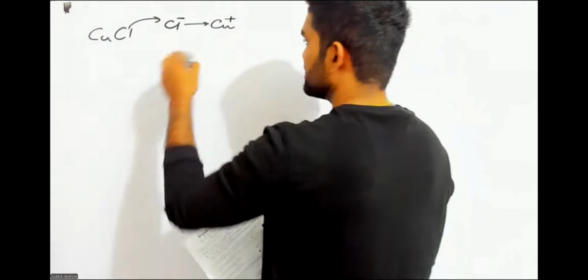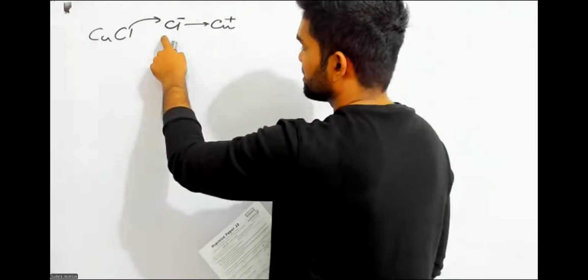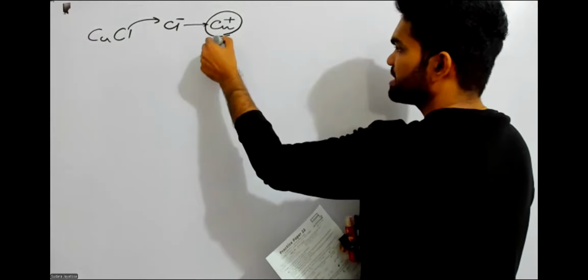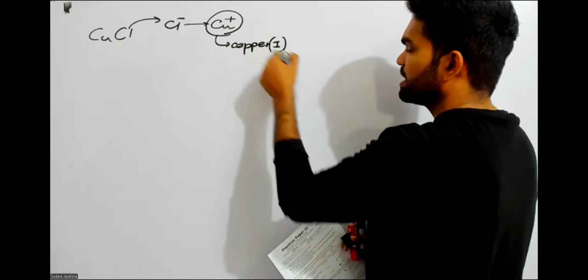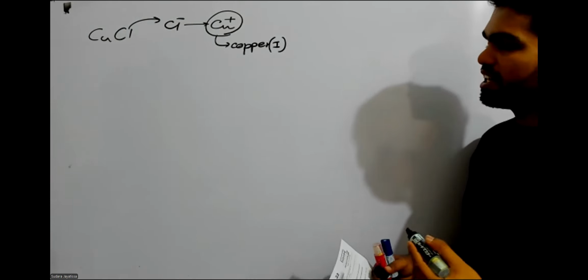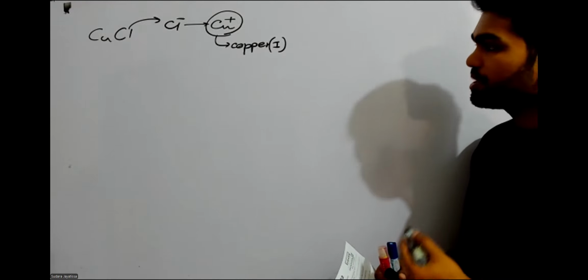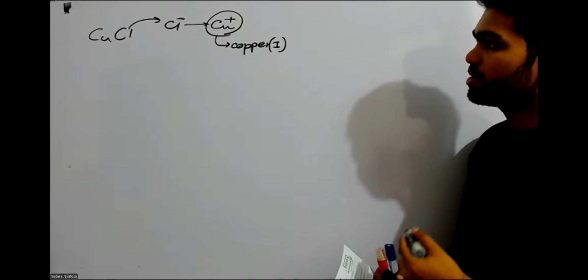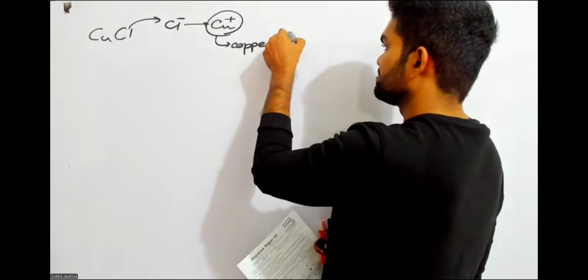So this compound contains copper plus and Cl minus. So for copper plus, the IUPAC name is copper 1. In the early trivial nomenclature, we call this cuprous. But in IUPAC nomenclature, you must call it copper 1 ion.